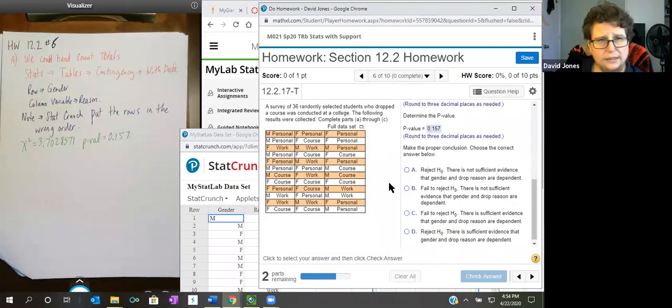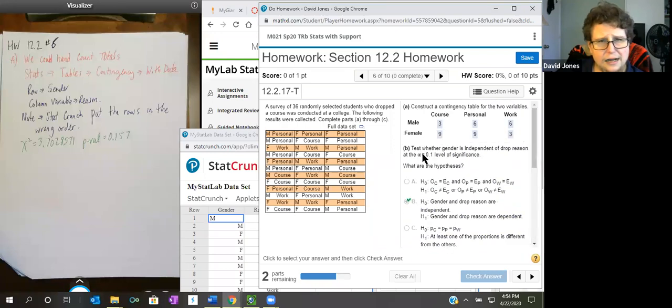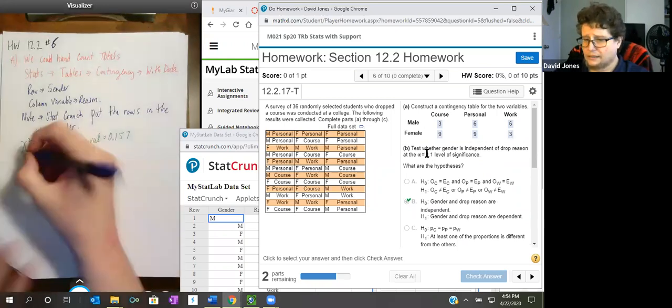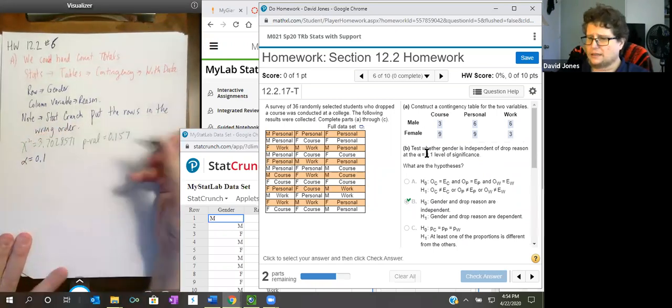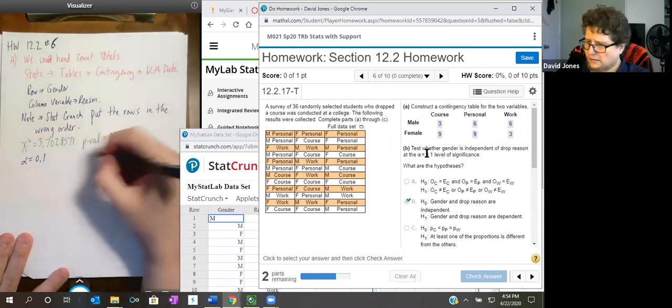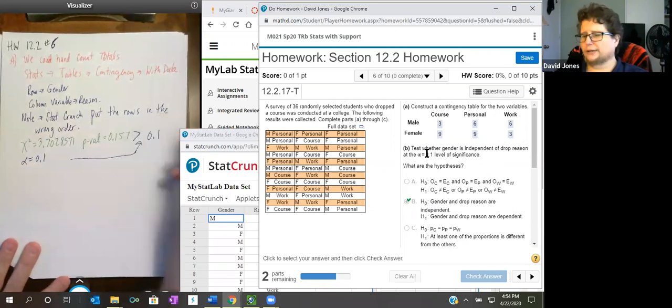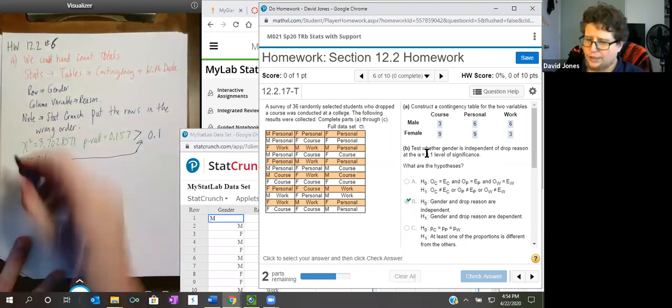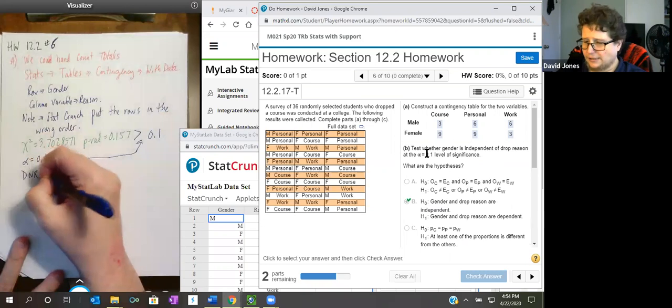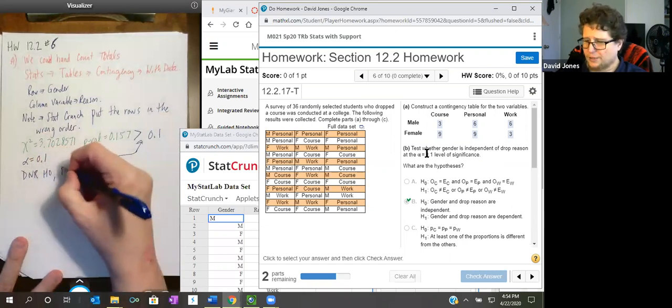Now, did they give us an alpha? Tested at alpha equals 0.1. The p-value is still bigger, which means we do not reject H0. We do not support HA.